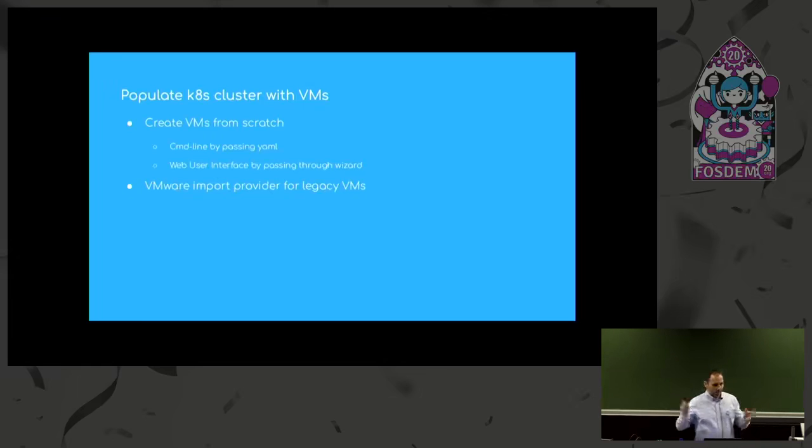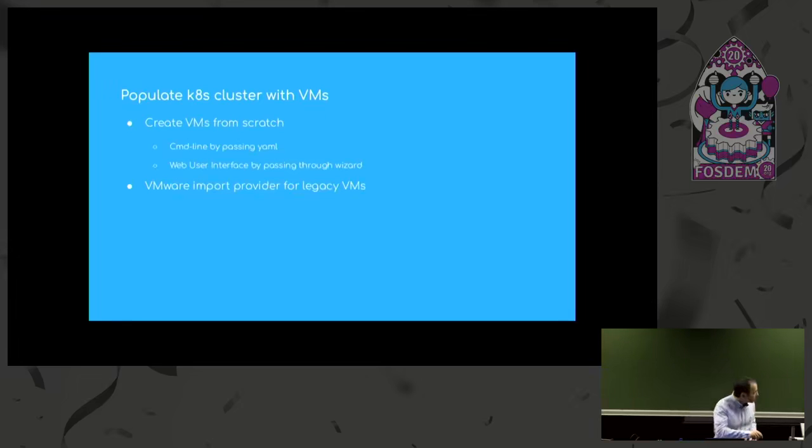A set of web pages: click, next, provide just the useful details, like the name, something about the size, how many CPUs, how much memory will be used, what the boot image is and where it will be taken from, how many networks the virtual machine will contain, storage, how many disks and where they will be placed, something about cloud-init, and the user interface will create for you the small set of related resources describing your desire.